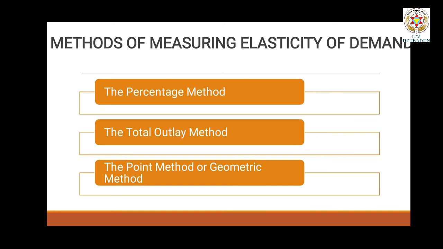The second method, the total outlay method, measures the elasticity of demand for a commodity with the help of the total expenditure incurred by a household on the purchase of a commodity. The third method, the point method, measures the elasticity at a particular point on the demand curve.